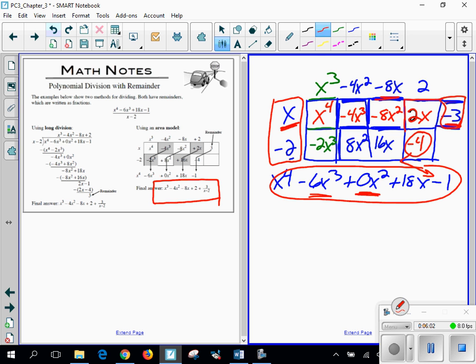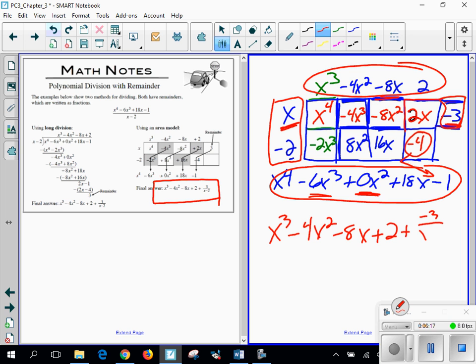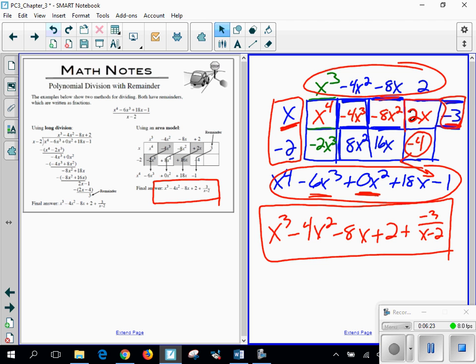So that's why the final answer is x cubed minus 4x squared minus 8x plus 2, and then I still have yet to take this negative 3 and divide it by x minus 2. This was called Polyduco in our last book, and it was a section that we opted to skip.